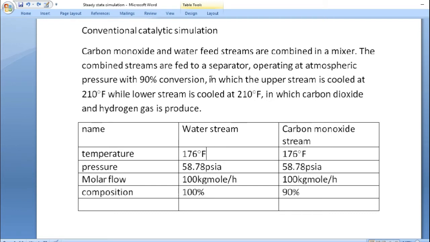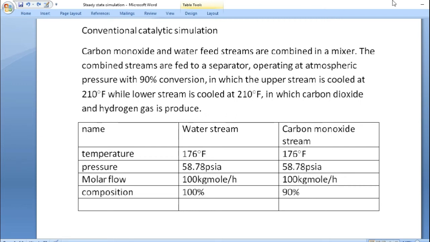It says the combined stream is to be fed to a separator operating at atmospheric pressure with 90% conversion, in which the upper stream is to be cooled to 210 degrees Fahrenheit, while the lower stream is to be cooled to 210 degrees Fahrenheit respectively, in which carbon dioxide and hydrogen gas are produced.